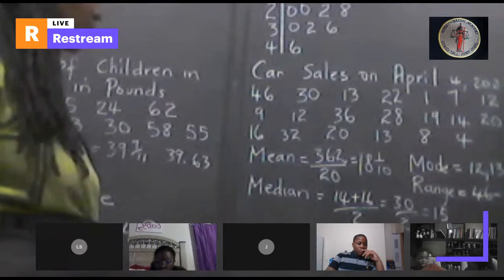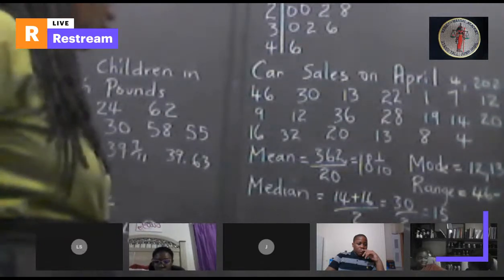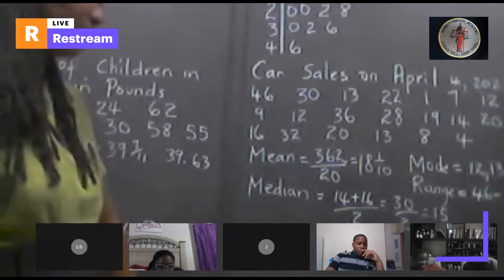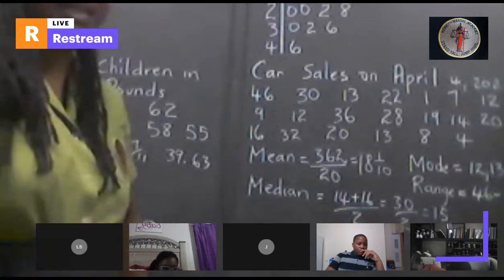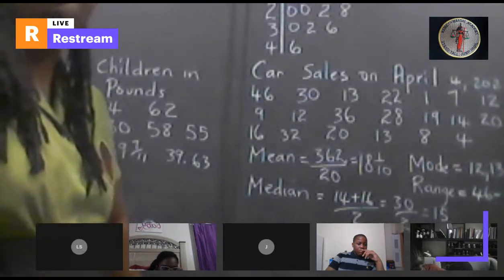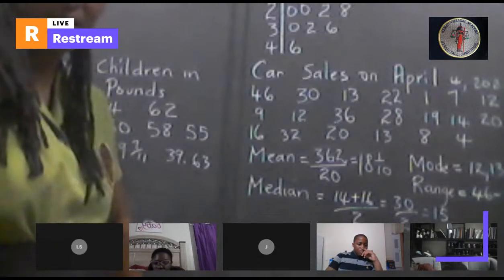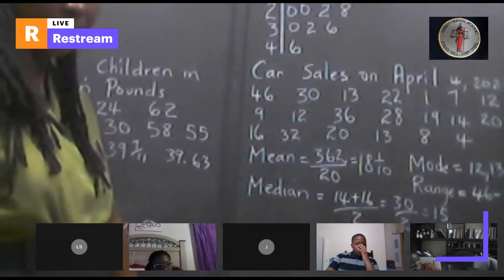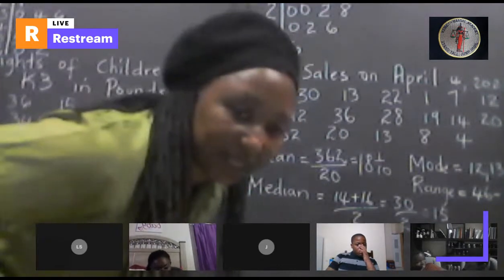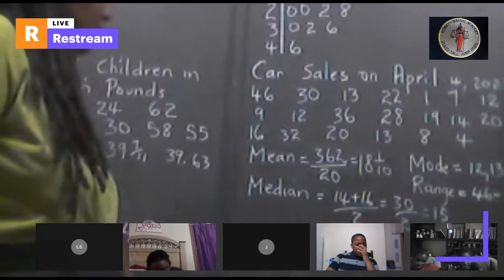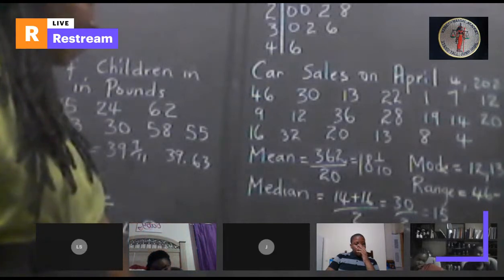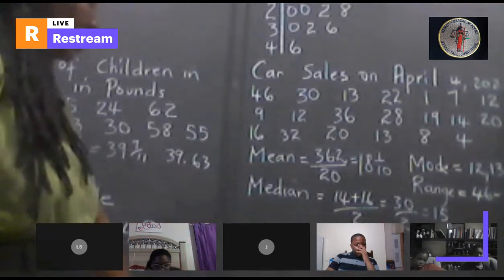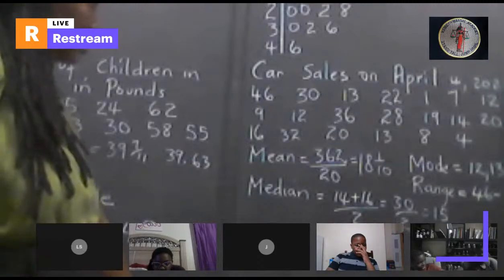Out of all the cars sold, remember it's 20 salesmen. What's the probability that a salesman would sell a prime number set of cars? All right, so Madison is saying 4 out of 20. So you're saying there are 4 prime numbers. What are the 4 prime numbers you're seeing, Madison?